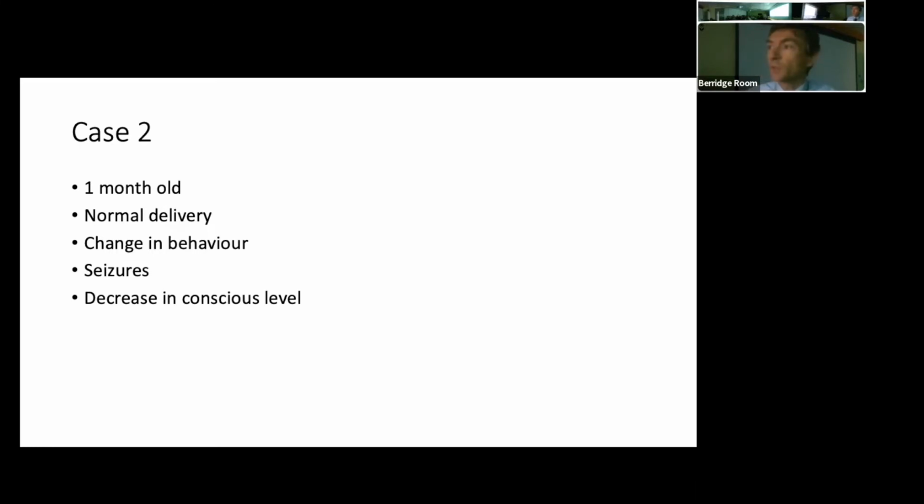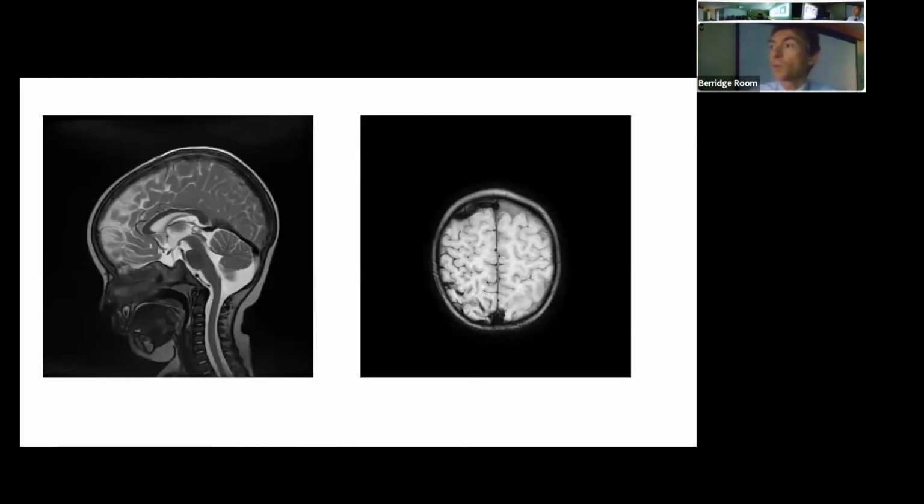And this is the imaging that I'll show here. So this is the initial MRI that was done at another hospital, but you can see good quality images here. This is a sagittal T2 weighted image, and this is an axial SWAN, axial susceptibility weighted image.